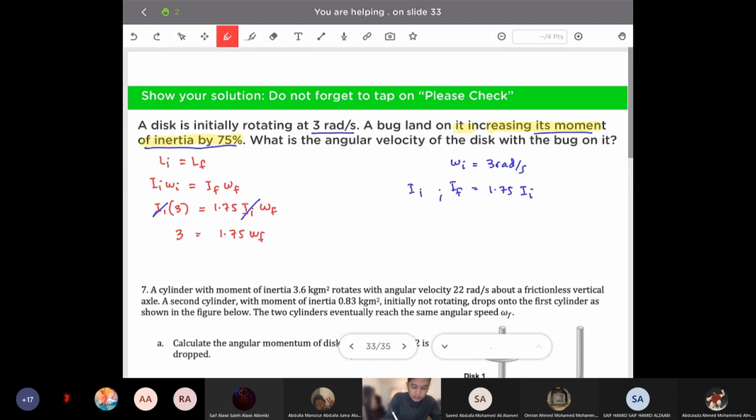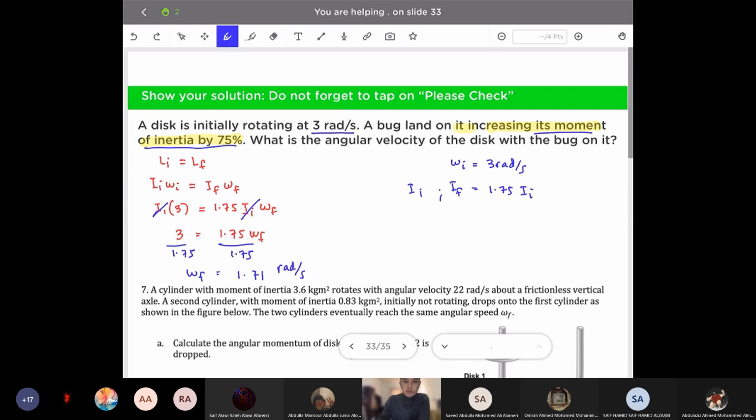Then we divide both sides by 1.75. We have our answer, which is equal to 3 divided by 1.75. That is equal to 1.71. The unit would be radian per second.